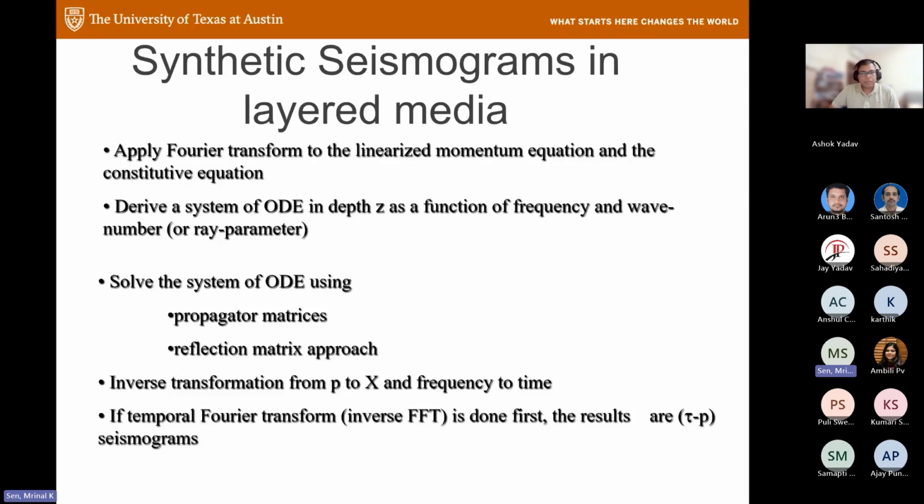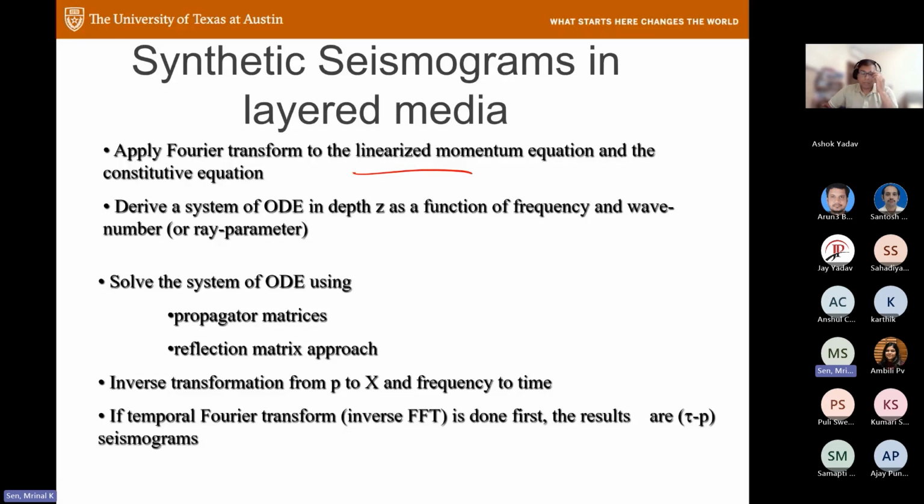So what we do here is we don't solve directly in the frequency and offset time domain. We apply a Fourier transform, and in 3D we can use the Fourier transform in both.